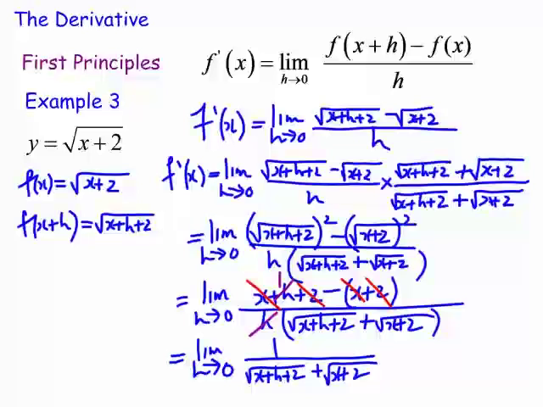So the net result is that this is equal to 1 over 2 lots of the square root of x plus 2. So this is now the derivative of the square root of x plus 2.